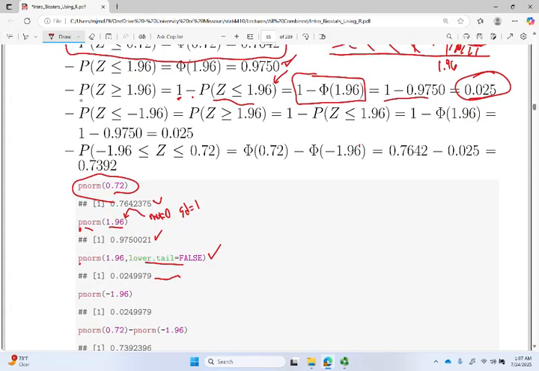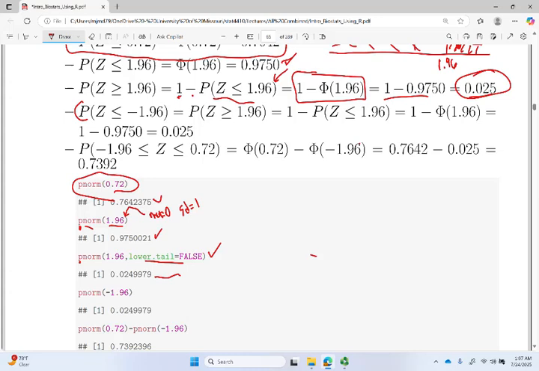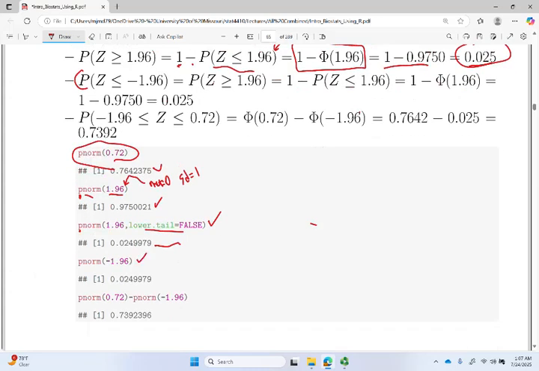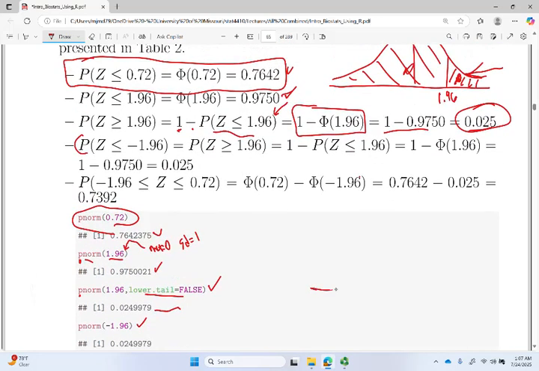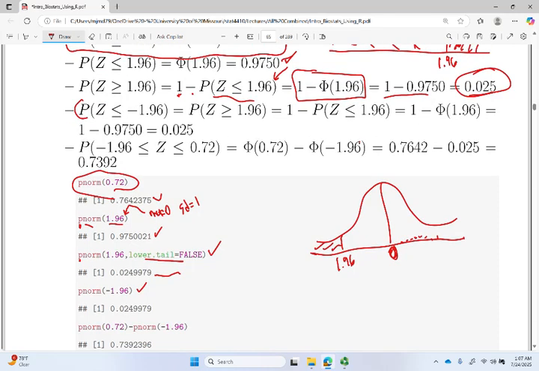Now, the probability of being less than negative 1.96. So let's look at this one. Well, in R, boom, it's easy, we're done. But to do it in a table, here's a standard normal. The table only has values over here cumulatively. We want to be less than negative 1.96. That's here. But if this is 0, these are positive numbers, these are negative. The table doesn't have it. But the probability of being less than negative 1.96 has the same area under the curve as being greater than 1.96.